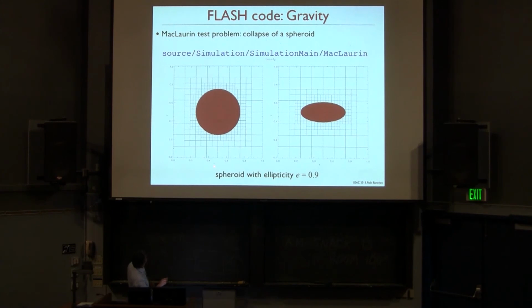This is, I guess, X and Y, and this is Y and Z here. In this projection, you see the elongated density structure. It's a spheroid which you can, of course, manipulate with your eccentricity. If you set it to 0, you get a sphere. This is a setup which you might want to try out.